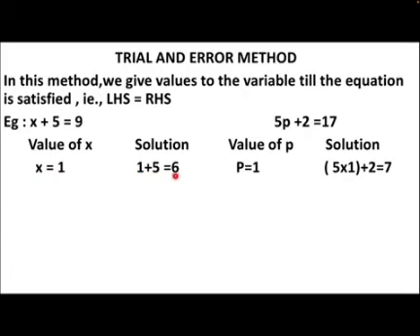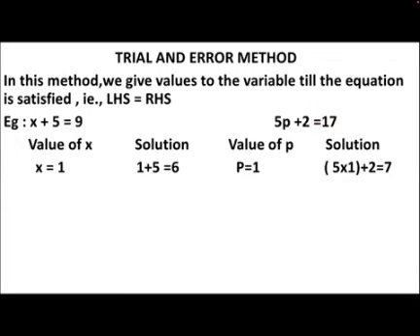So, 1 plus 5 is equal to 6 but not 9. So, we cannot have this value x equals 1. Let us see here. If p is equal to 1, then 5 into 1 plus 2 is 7 and not 17. So like that, children, keep on giving values to p till your answer becomes 17.